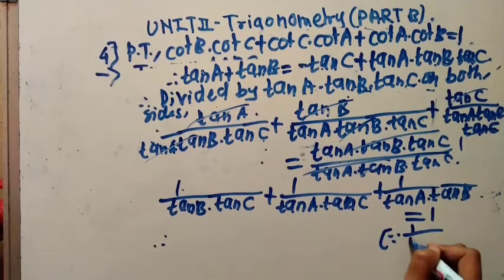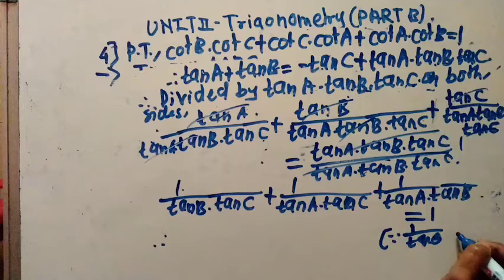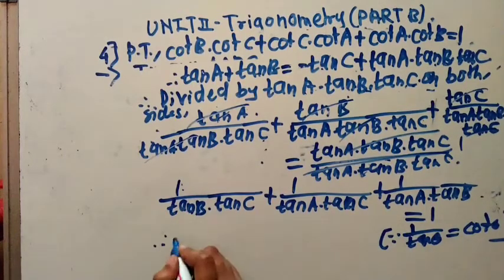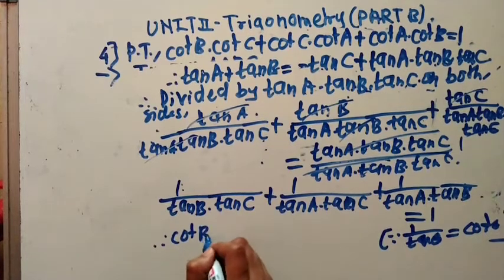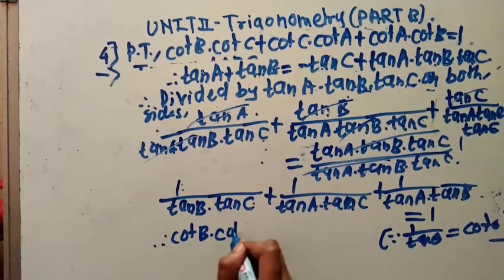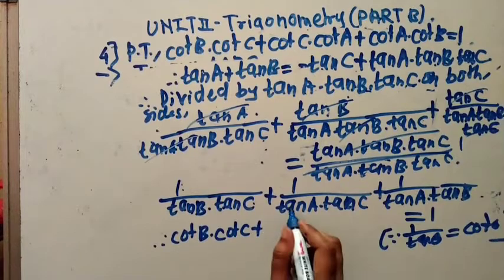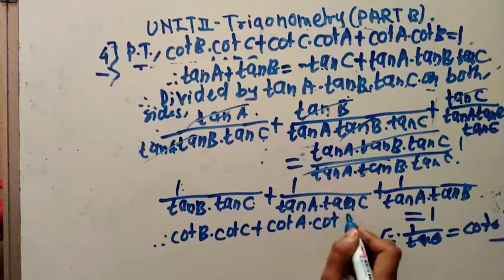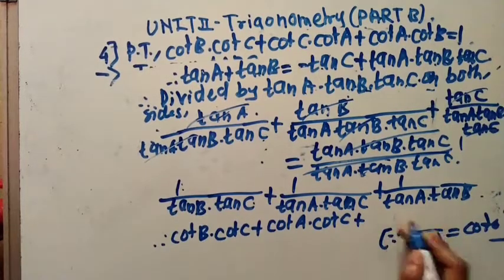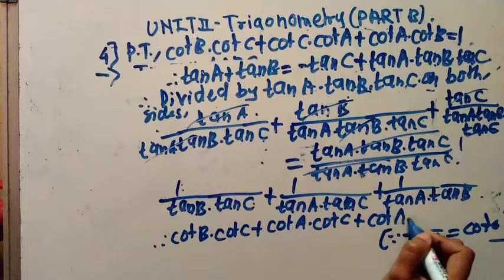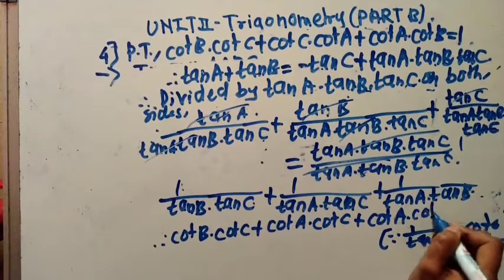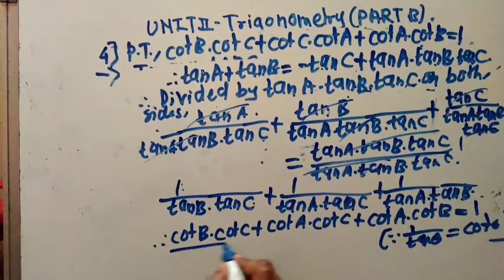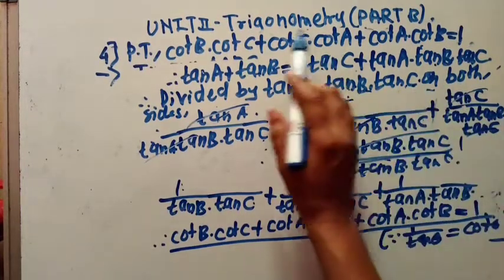Since 1 upon tan θ is equal to cot θ, hence we get cot b into cot c plus cot a into cot c plus cot a into cot b, which is equal to 1. Hence this is proved.